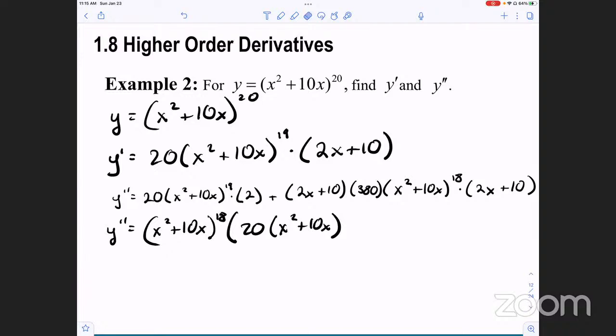20, I'm going to go ahead and change that to 40. Identify that. This we factor all the way out.